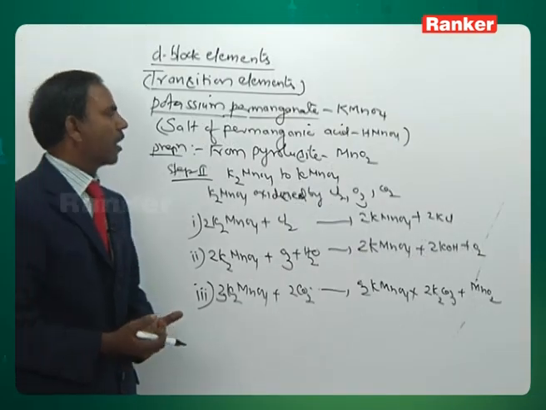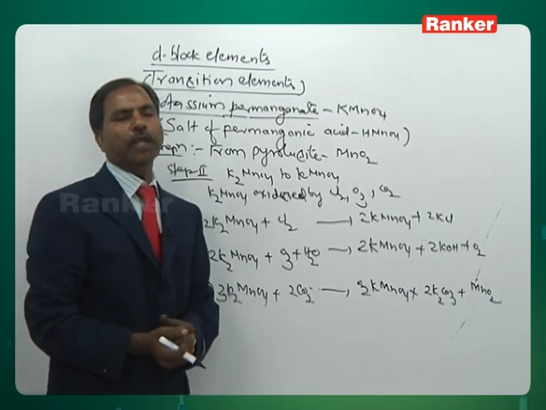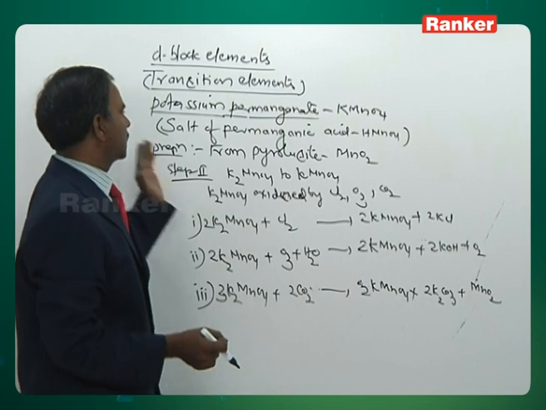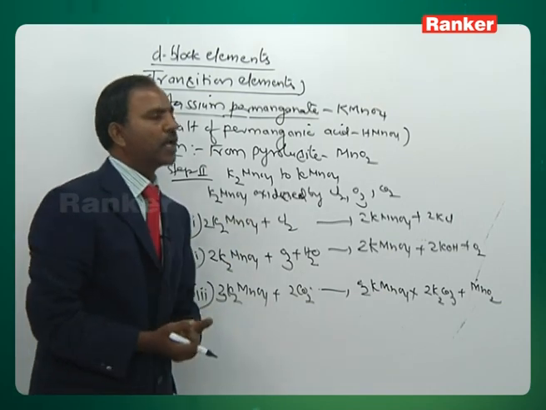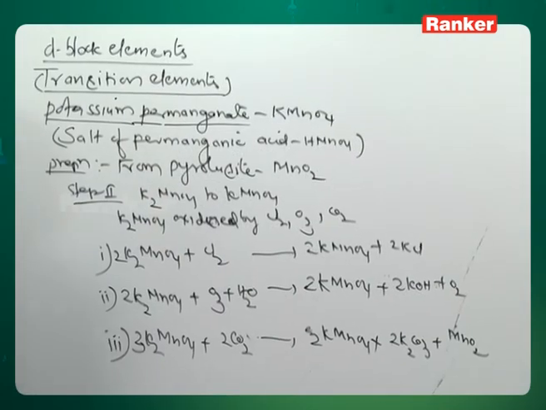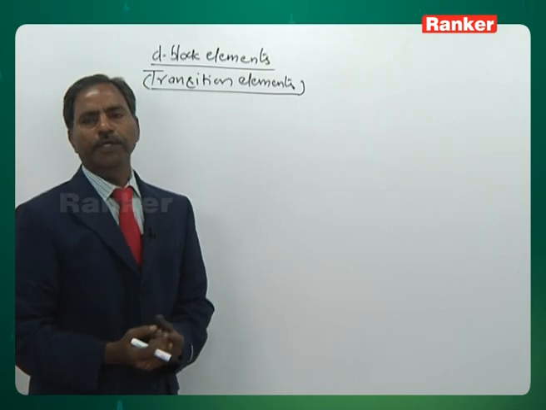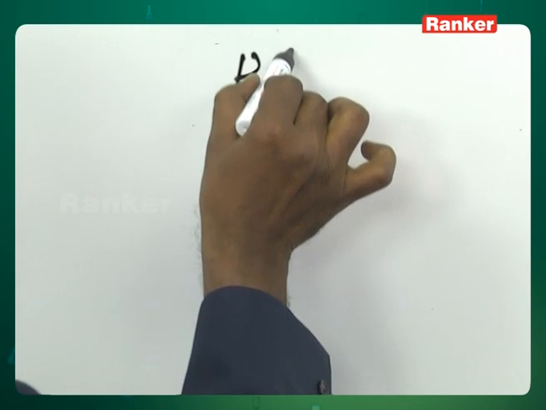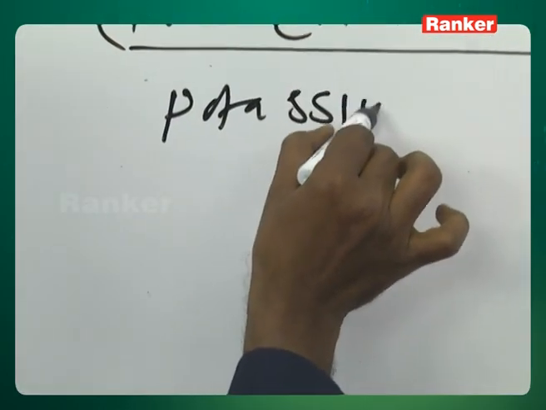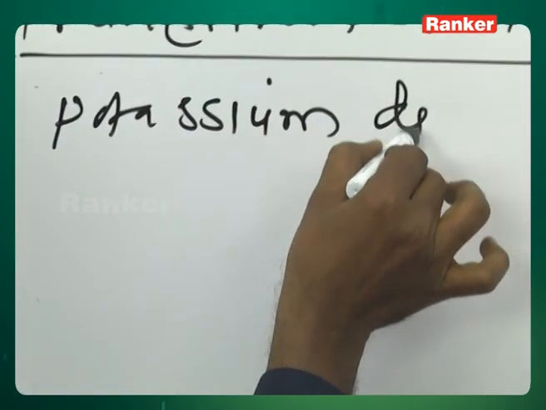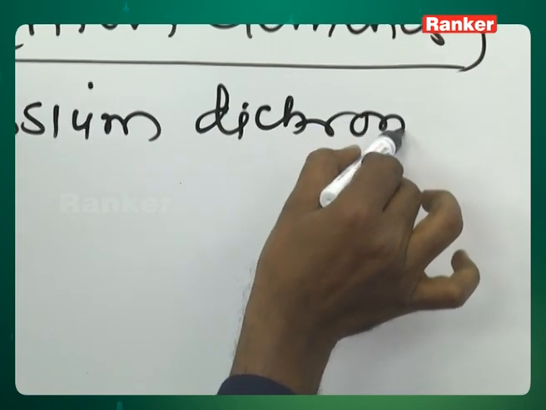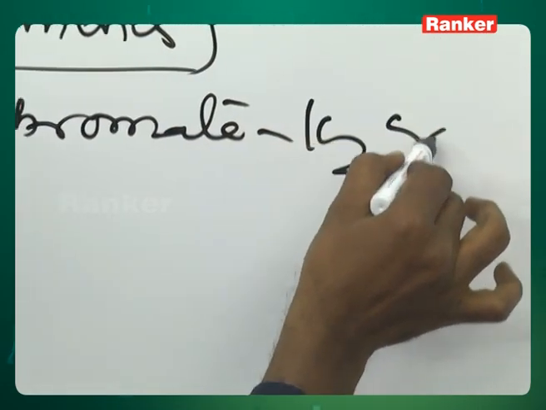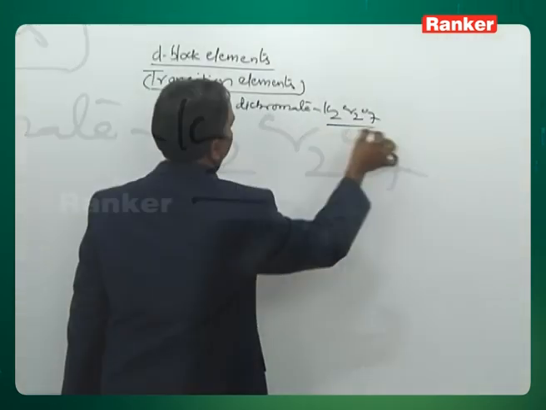Next we see how to prepare potassium dichromate commercially. Potassium dichromate, K2Cr2O7.